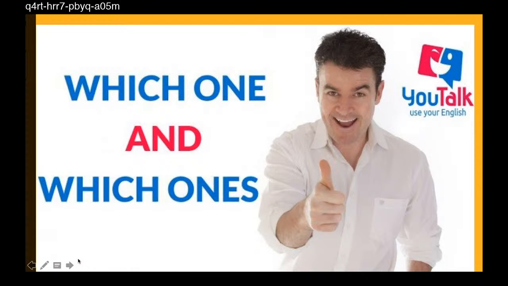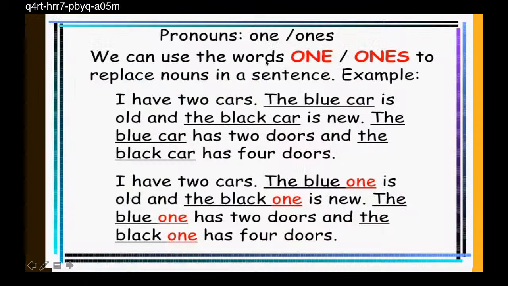And also, we are going to talk about the questions which one and which ones. As we can see here, the only difference between the first and the second is that we use one to talk about the singular form and ones to talk about the plural form. So we use one and ones to replace a noun instead of repeating the element.